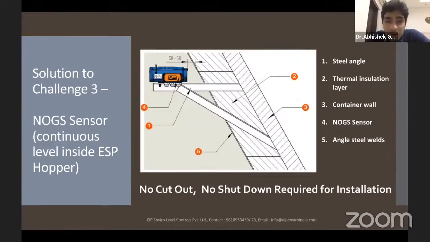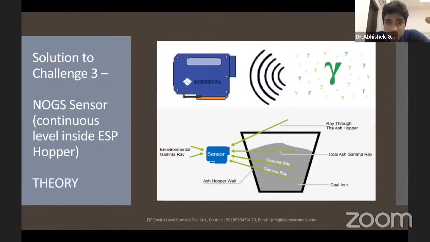Now you would be wondering, how is something able to make sense of ash level inside the hopper when it is installed completely outside? So let us look at the phenomenon or the principle behind it. The principle is very simple: the NOGS sensor detects the gamma ions which are present in the fly ash.